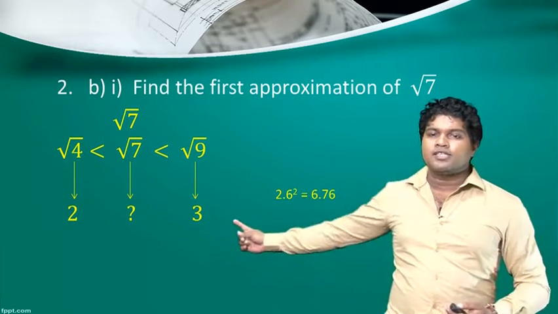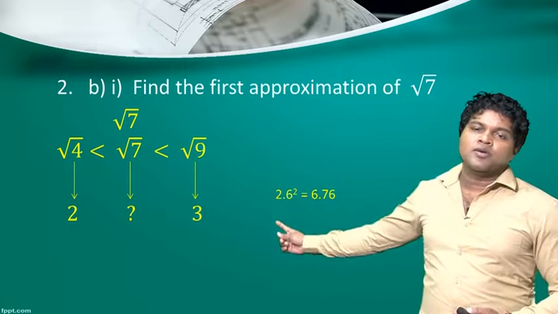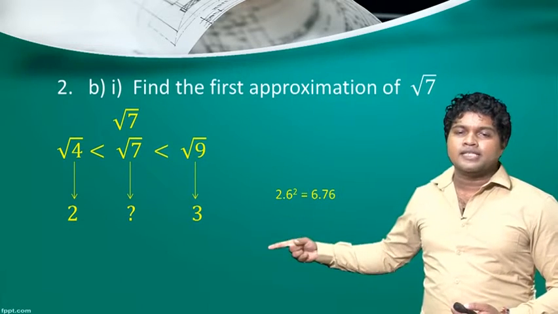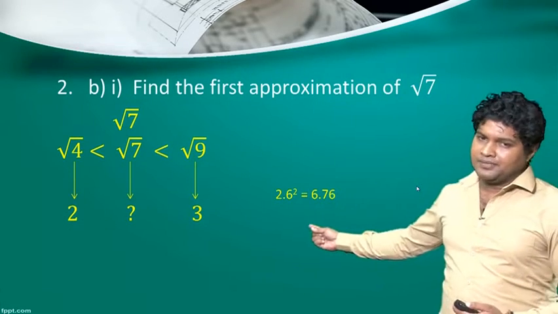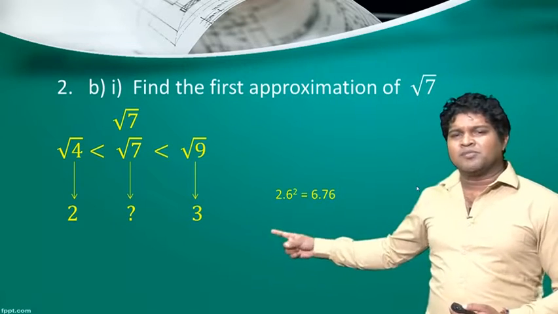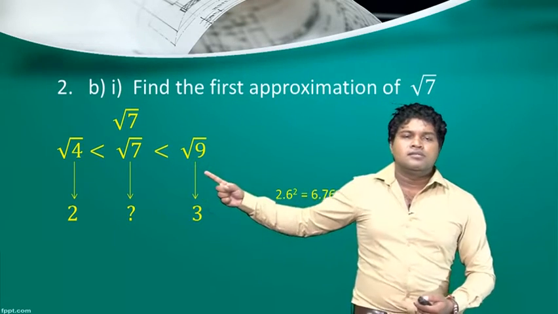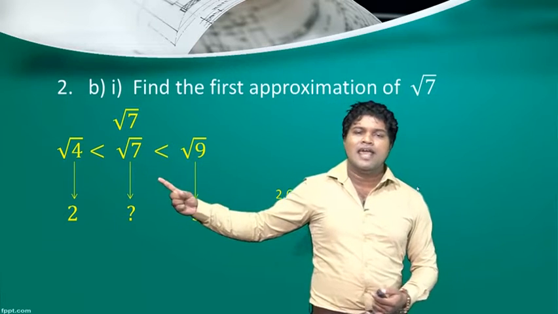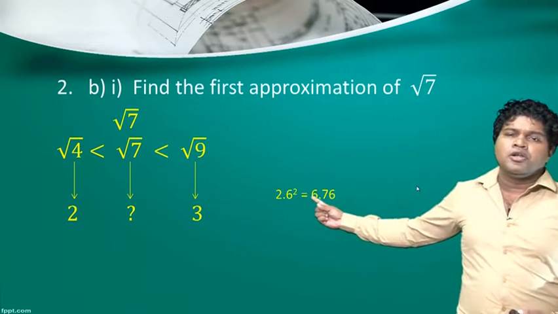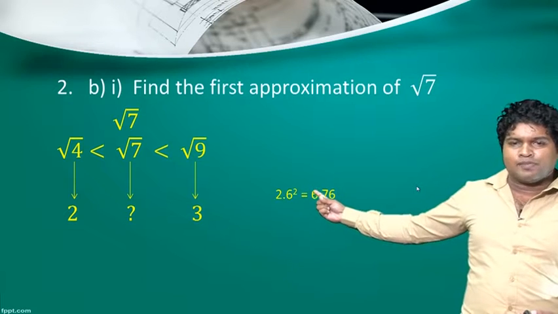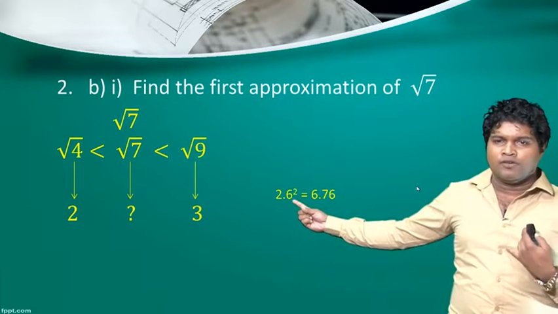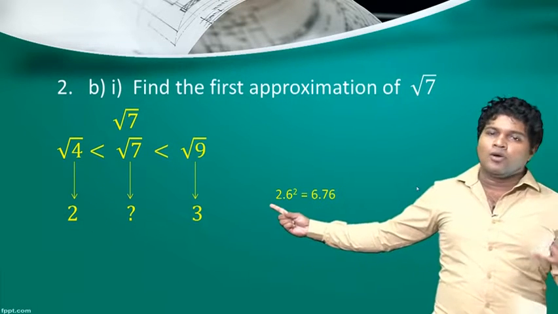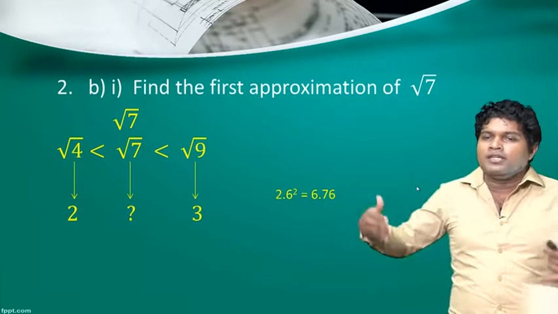Yes, 2.6 squared. You know how to get 2.6 into 2.6, it is 6.76. But when I check 6.76, I have to see whether 7 has come. Not exactly, but approximately, so somewhat okay. I don't know whether it's totally okay, so we have to try another.